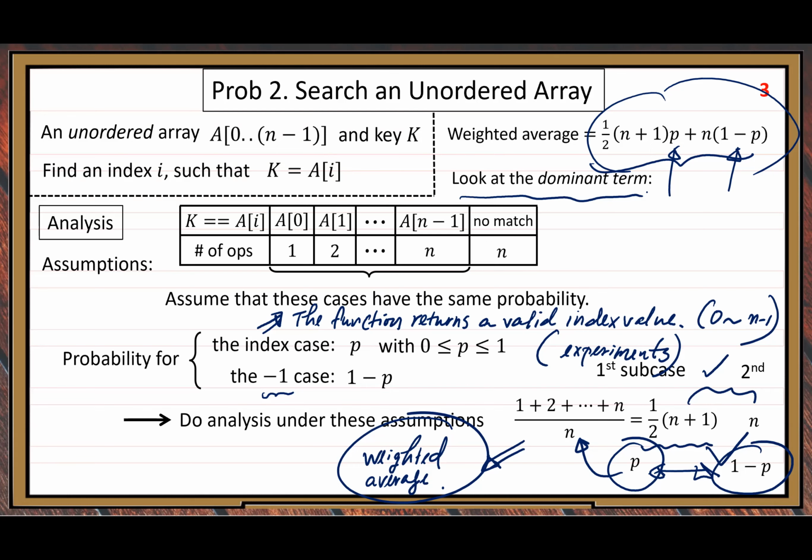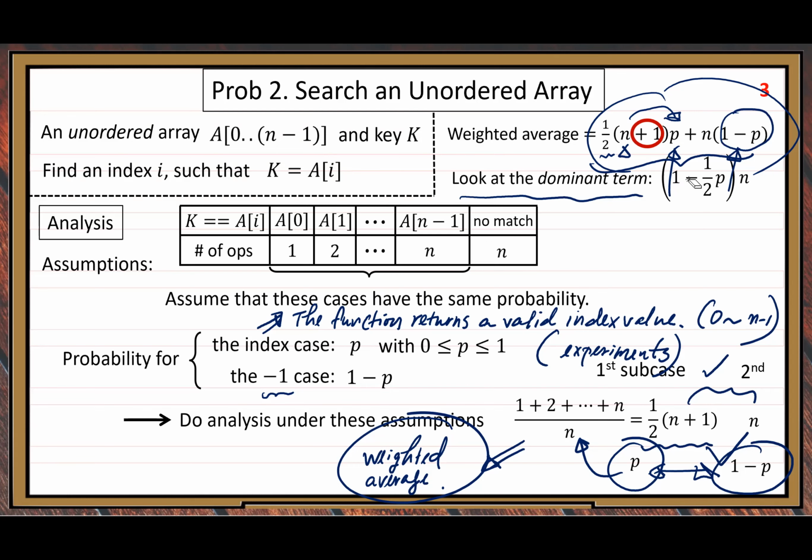Here, the leading term is the term corresponding to n times p, and also 1/2, and n times this number. You need to put them together. That plus 1 can be ignored.